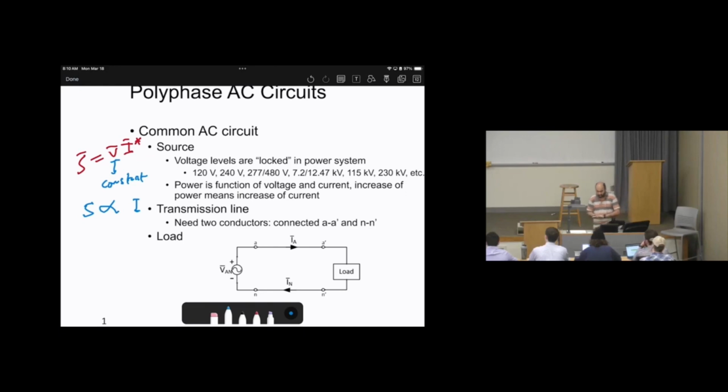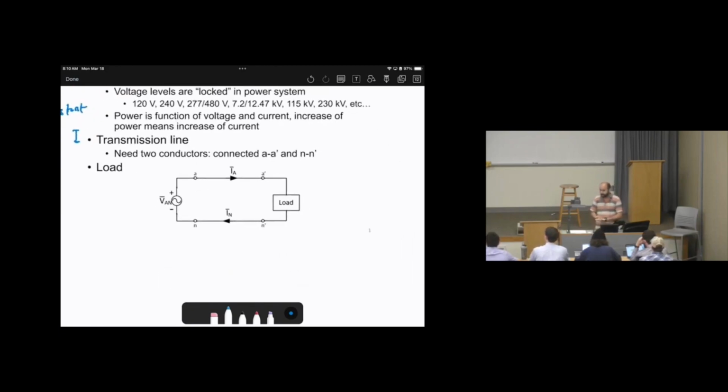So now the concern is, yes, power is directly proportional to the current, but I cannot increase the current forever. I cannot say, okay, I need more power, let's increase the current as much as I want. No, because there is a current capacity. So let's assume we have two conductors, live and neutral, connecting the voltage source to the load, as we see in this diagram.